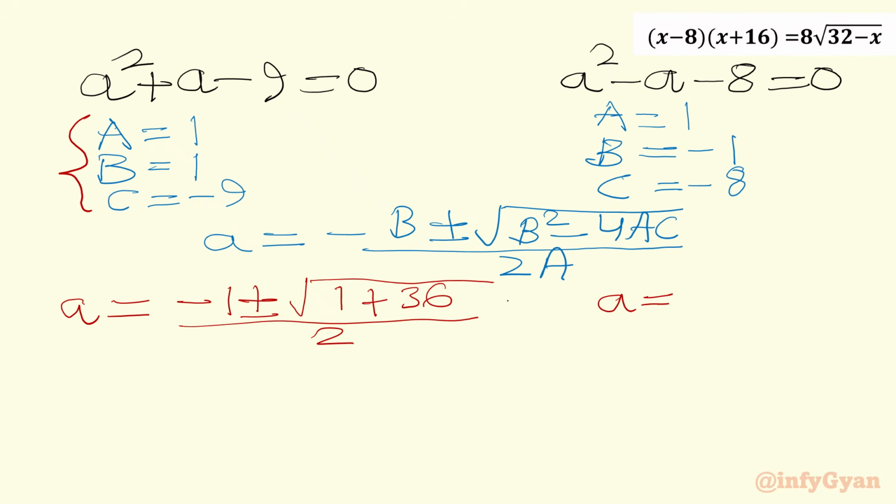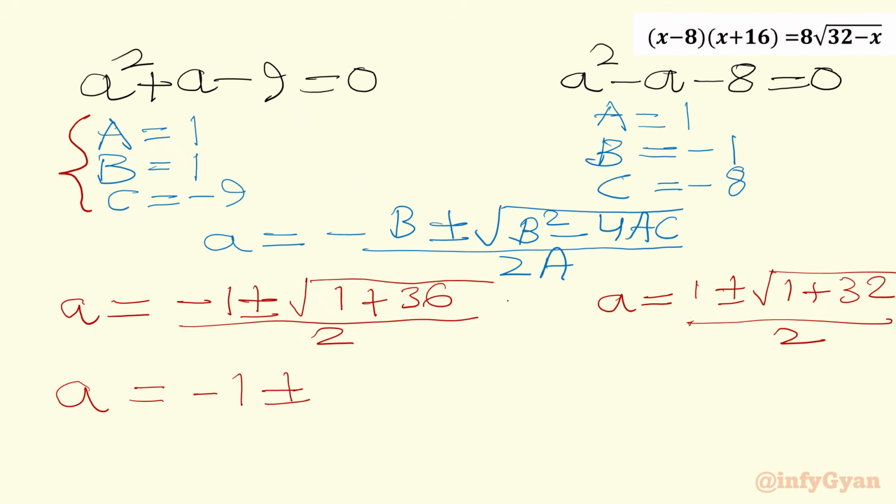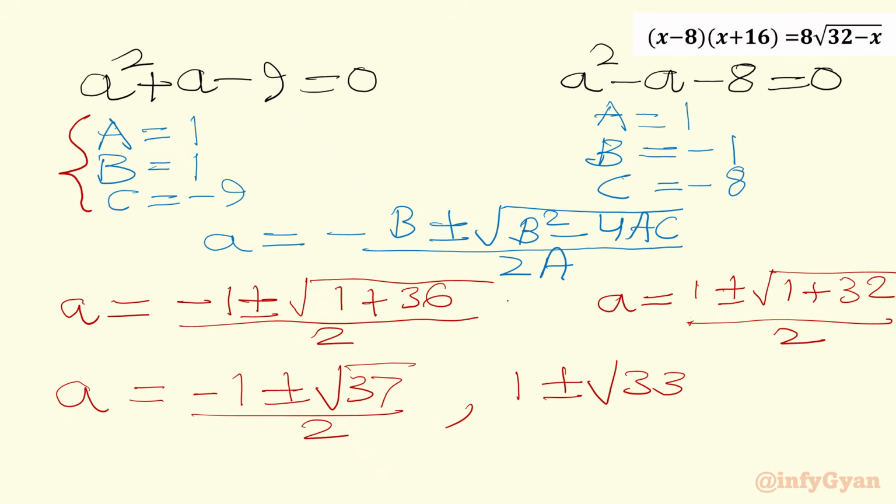And from the second quadratic equation we will get minus B, so minus of −1 is 1, plus or minus the square root of (−1)² is +1, minus 4 times 1 times −8 plus 32, over 2 times 1, so 2. So we have 4 values of a: −1 plus or minus square root 37 over 2, and from here 1 plus or minus square root of 33 over 2.